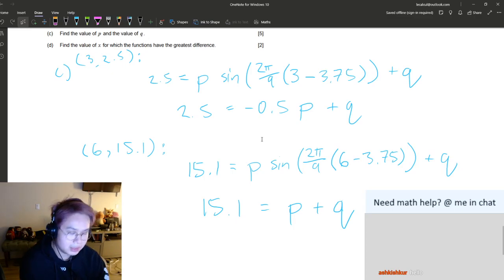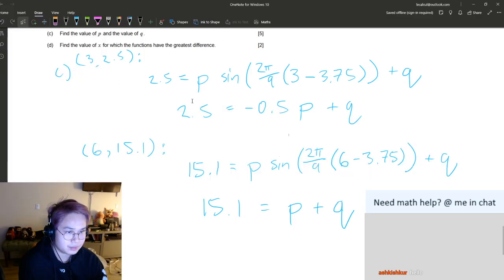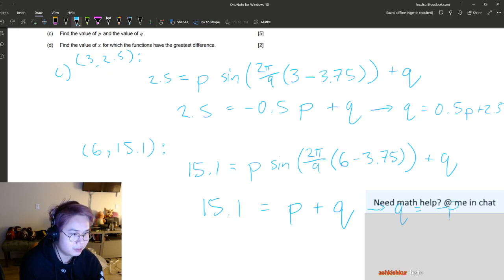Oh, well, if you pay attention, these need to be in terms of one variable. So what I'm going to do is move this p term over. So I'll have the equation positive 0.5p plus 2.5, and then this one here will be q equals negative p plus 15.1.